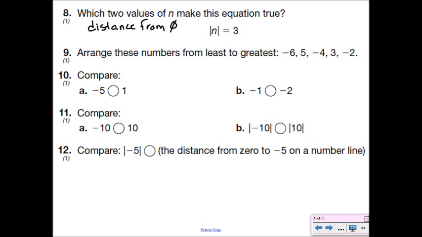So if we were to look at a number line, and we go 1, 2, 3 places away, one of those options would be positive 3. But we could also go on the other side of 0, 1, 2, 3, that's negative 3. Both of them have a distance of 3 away from 0, which means their absolute values are the same. So n could either be 3 or negative 3.